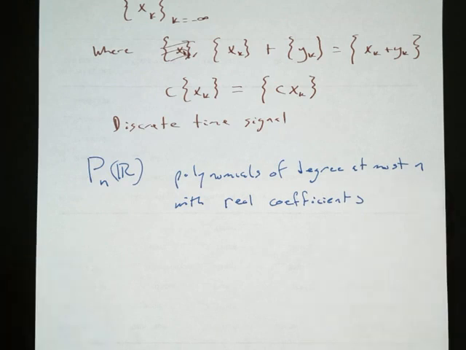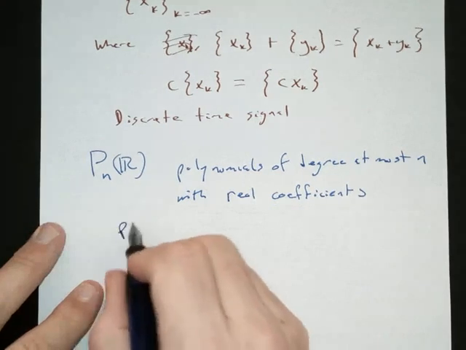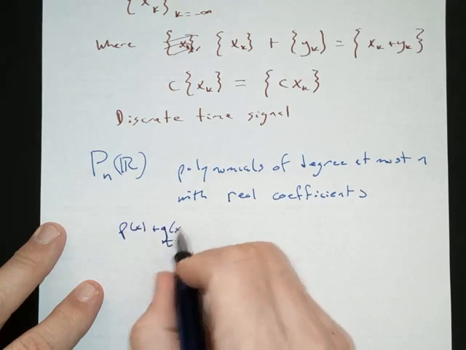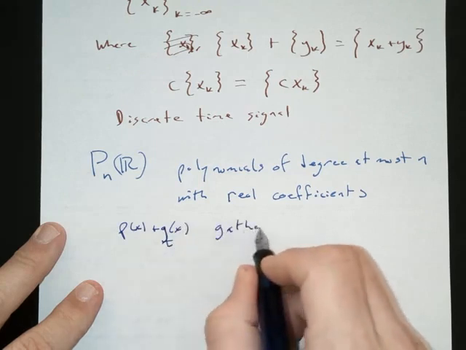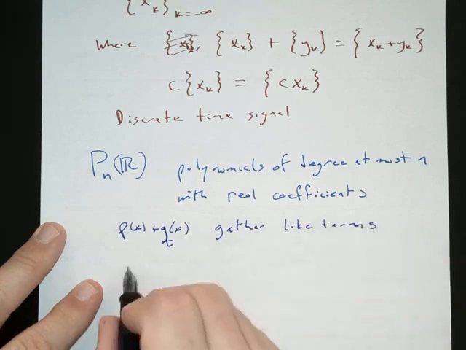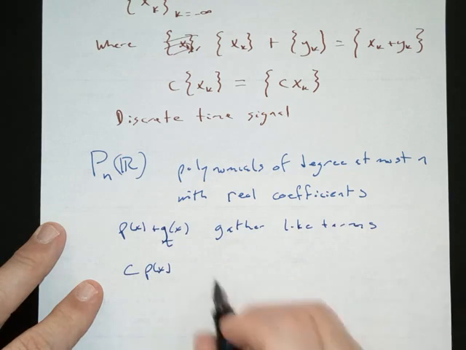And I want to use the same rules we use throughout all of algebra and all of calculus to add. P of x plus q of x, gather like terms, c p of x, multiply through all the coefficients.